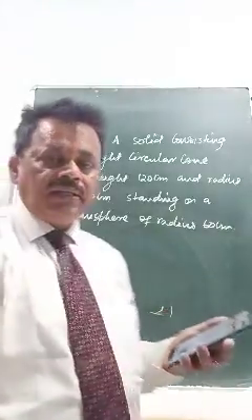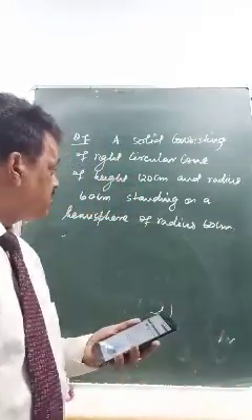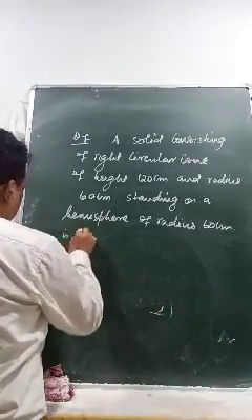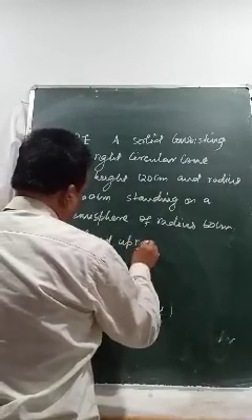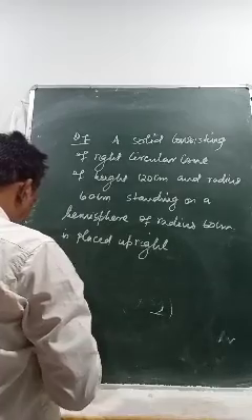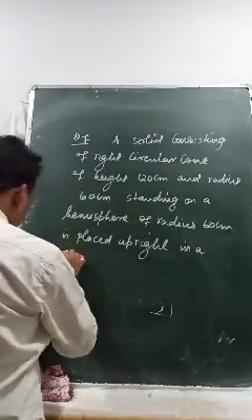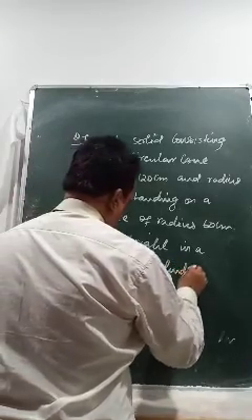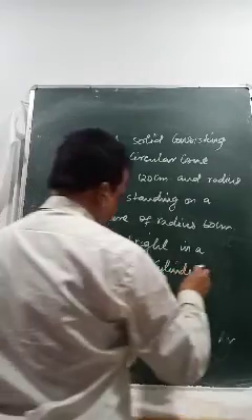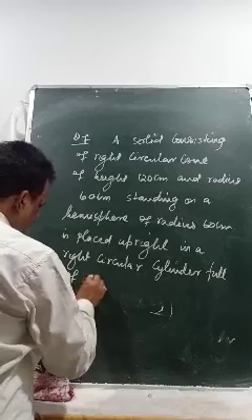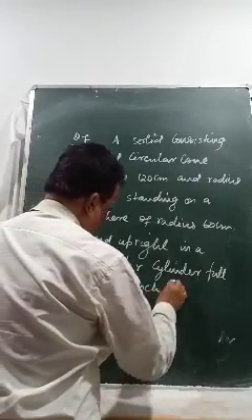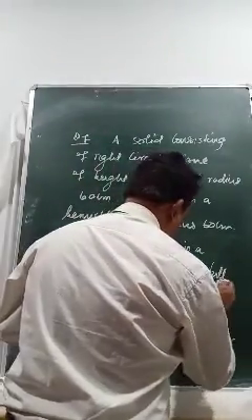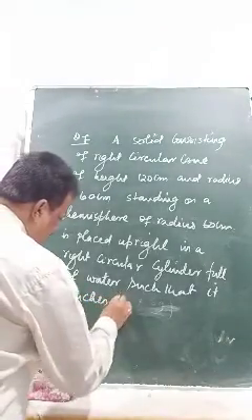That means cone and hemisphere have same radius, is placed upright in a right circular cylinder full of water, such that it touches the bottom.